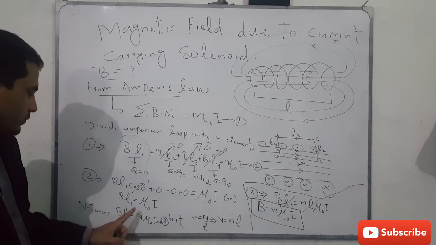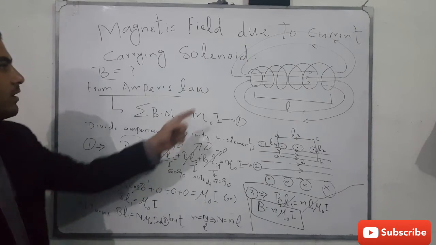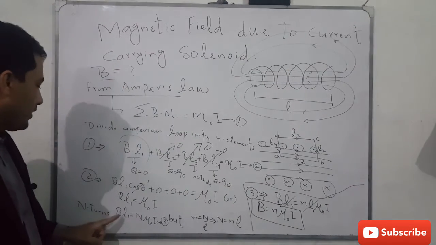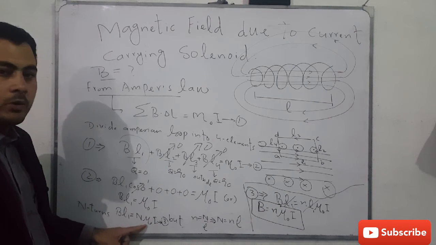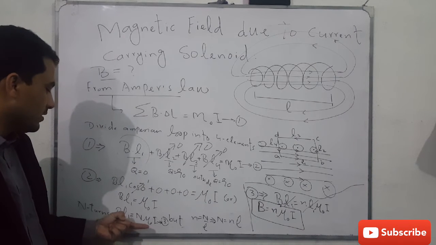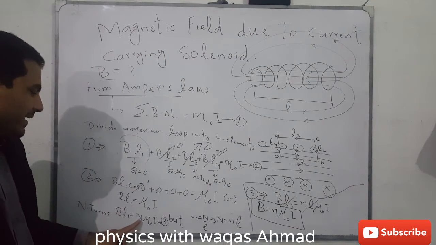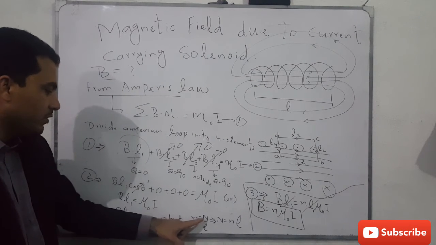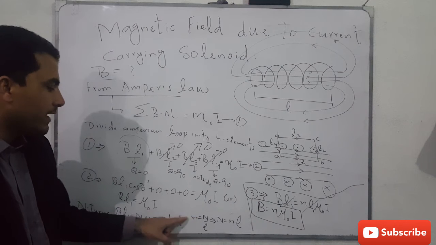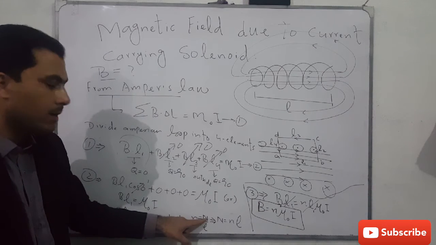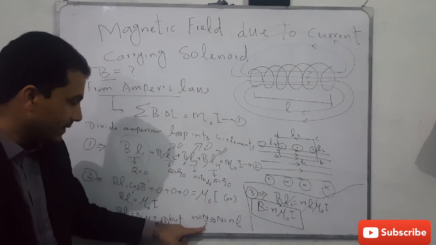Now we know that there are N number of turns, so for N turns, B L1 is equal to N mu naught I. This is our final equation for this solenoid. But there is also a small n, which is defined as the total number of turns per unit length.